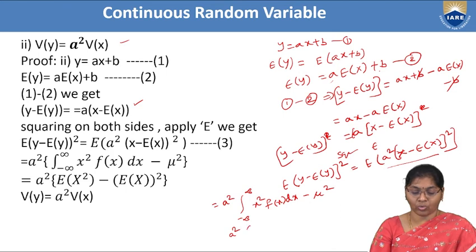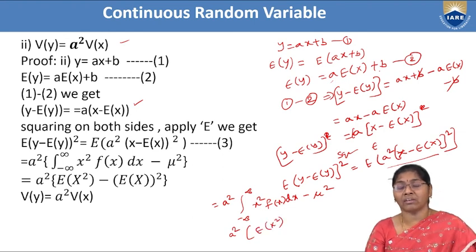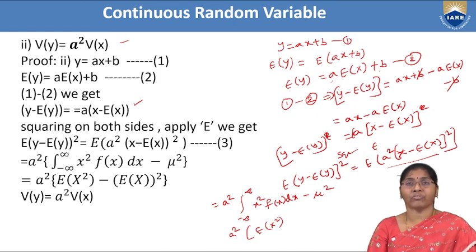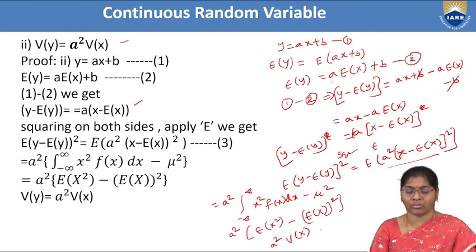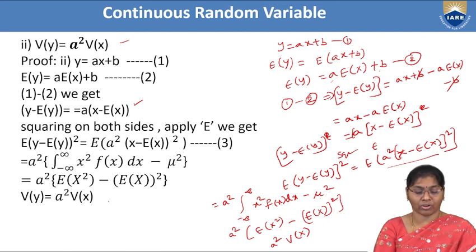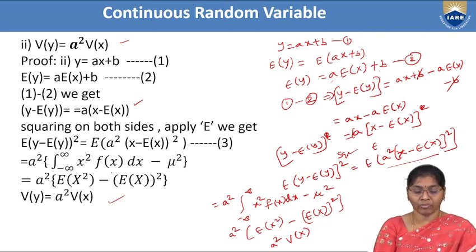So a square into [x square f of x dx minus mu square], where x square into f of x can be written as E of X square, and mu means E of X, so mu square means E of X whole square. E of X square minus E of X whole square is nothing but the variance V of X. Then a square into V of X is satisfied. Simply we are writing it like this.